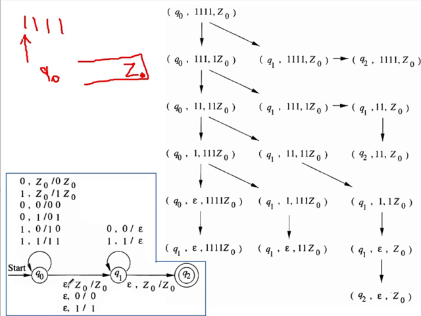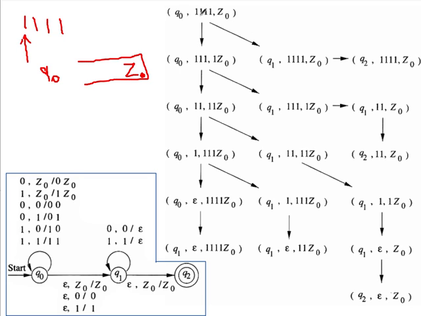We are not processing any input symbol, and we are replacing Z0 by Z0. That means we are doing nothing to the Z0, but we are changing the state. From Q0 we move to Q1. So this is one possibility of moving from one ID to another, and this is shown here, right?